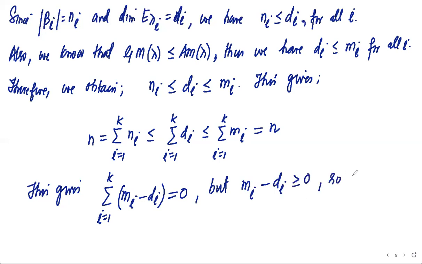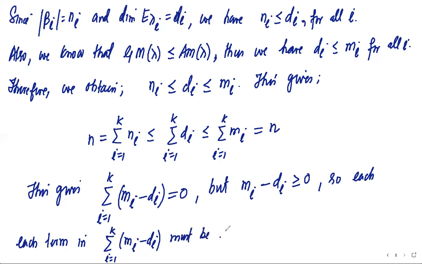So each term in the summation of mi minus di, i running from 1 to k, must be equal to 0, because the sum of these k terms is equal to 0, but mi is greater or equal to di. So every term in the sum is a non-negative term, but the sum being equal to 0 means that every term must be equal to 0.